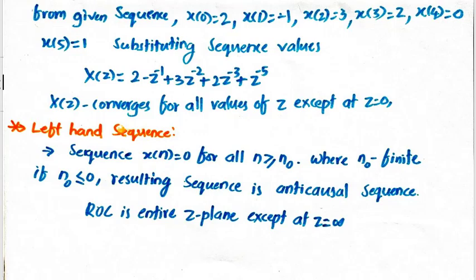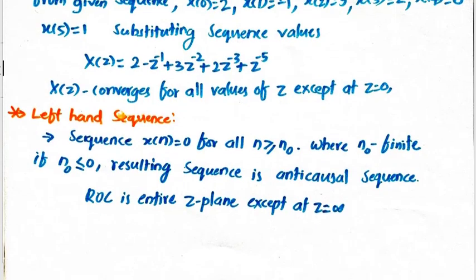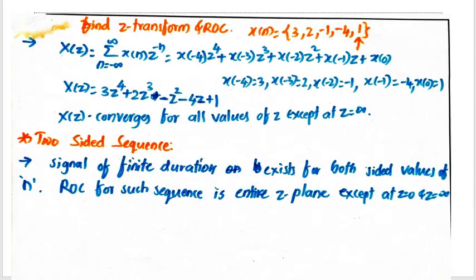Correspondingly, we saw what the ROC is for right hand side sequence and for left hand side sequence. Then we saw the two-sided sequence, wherein the x of n to which we apply the z transform has both positive values of n as well as negative values of n.